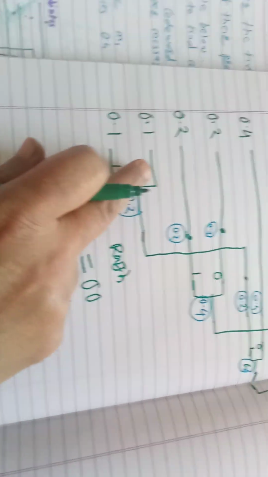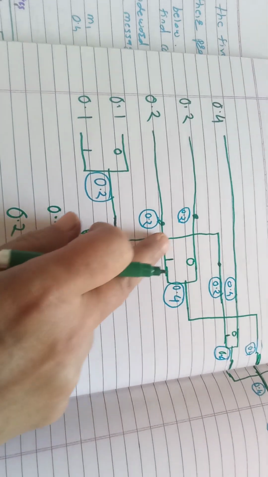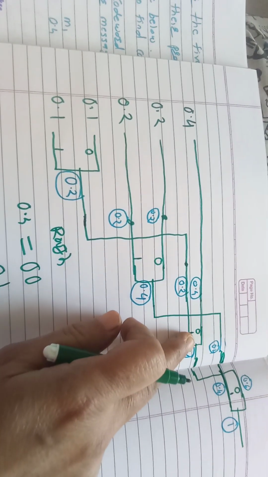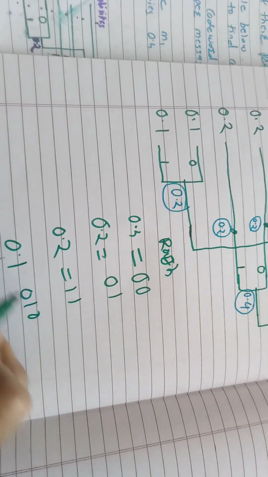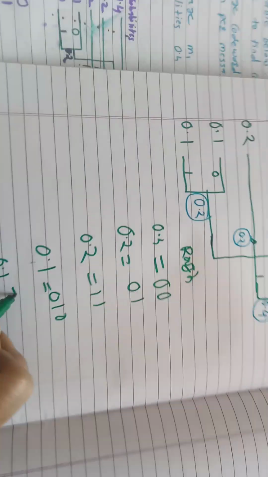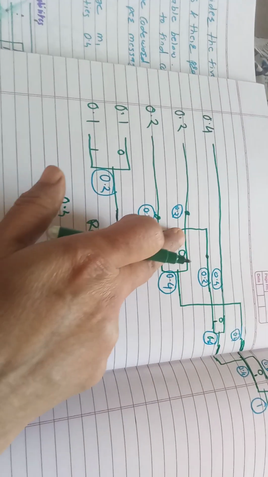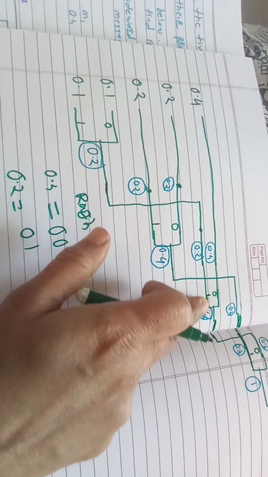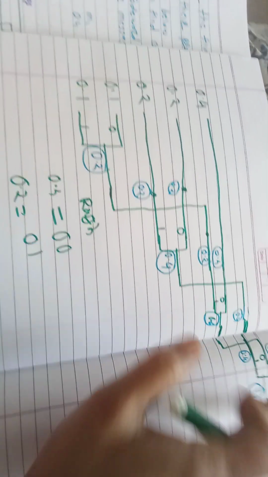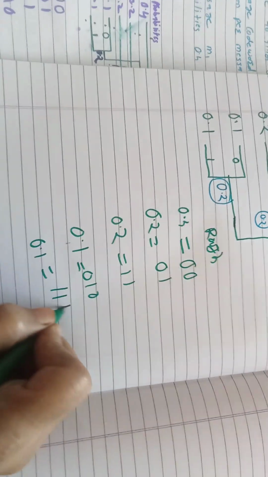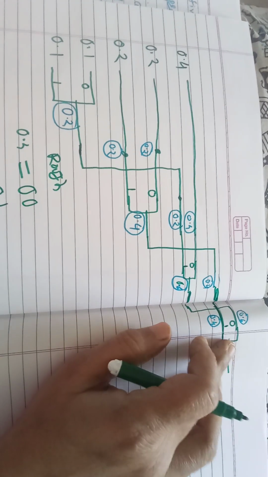Point 1, 0, 1, 0. Point 1, 1, 1, 1. That means you have to reach here.